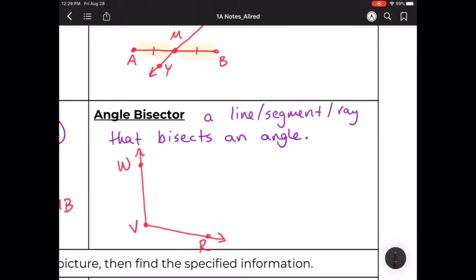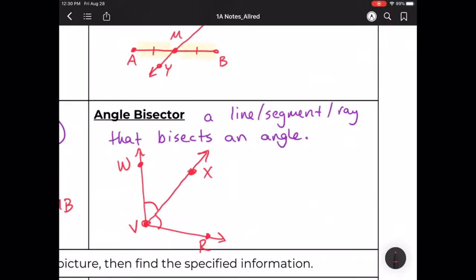And in that angle, if I have some point in the interior that creates ray V, we'll call it X, and if angle WVX is congruent to angle XVR, then ray VX is an angle bisector.